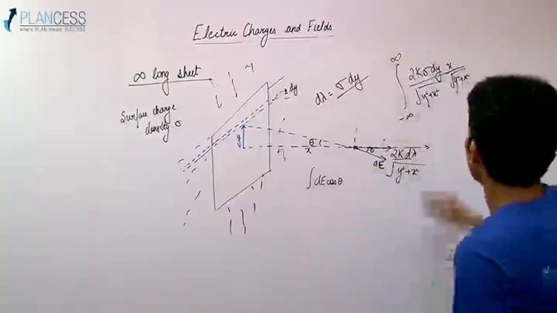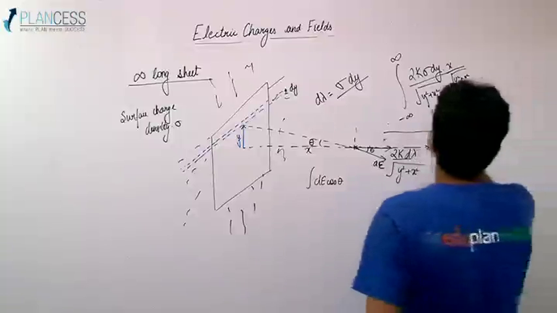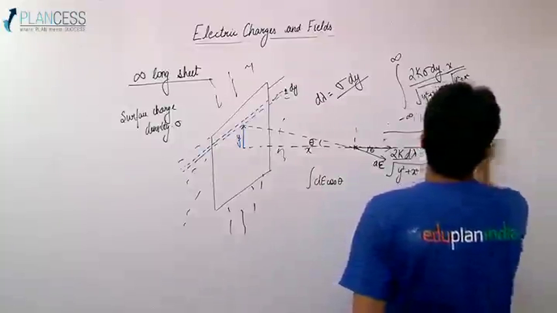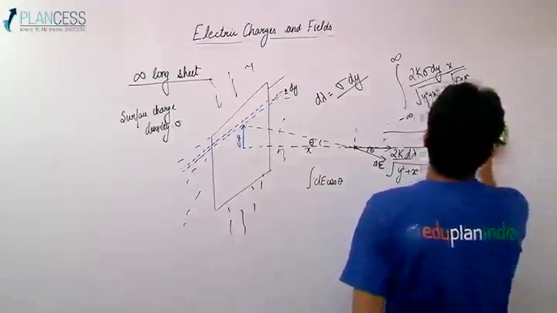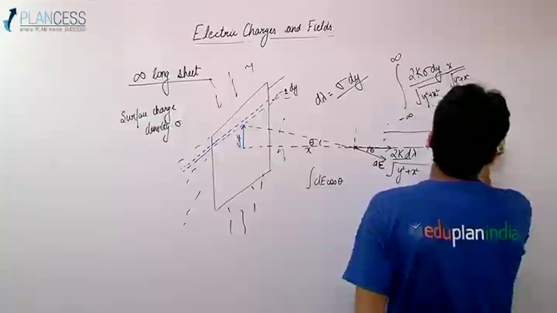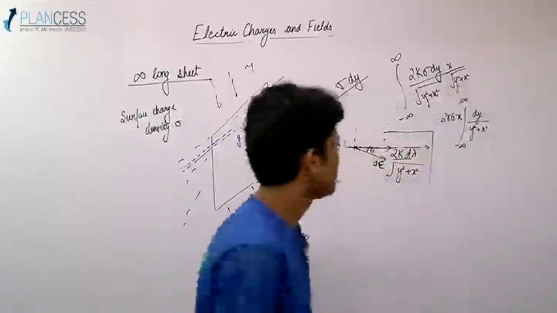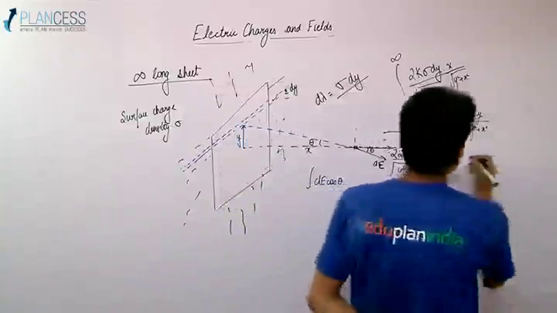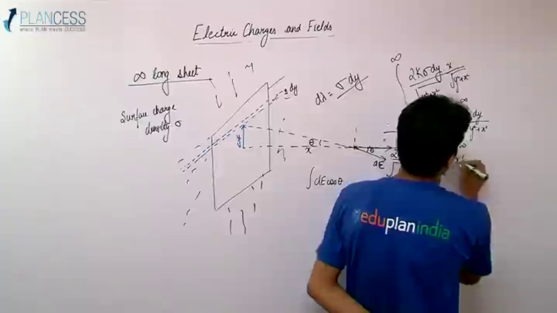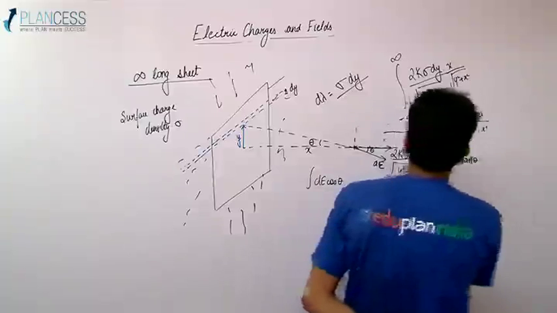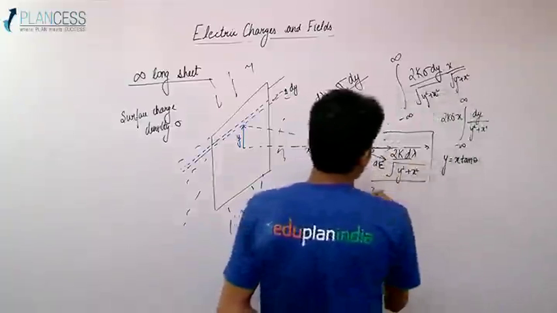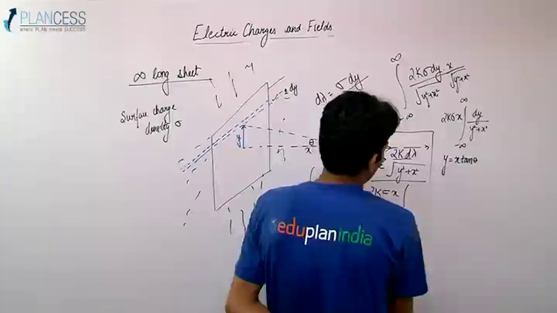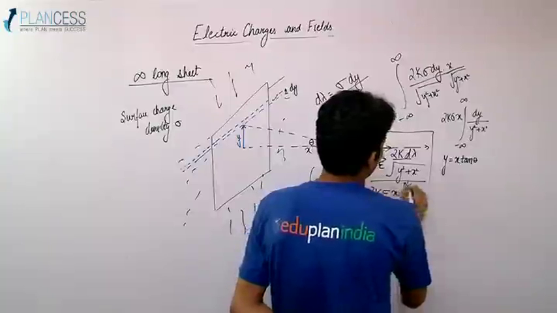So this integral can be written as 2k sigma x, integral from minus infinity to infinity of dy upon y square plus x square. From here we can see that if I substitute y equals x tan theta, the limits become minus pi by 2 to pi by 2.